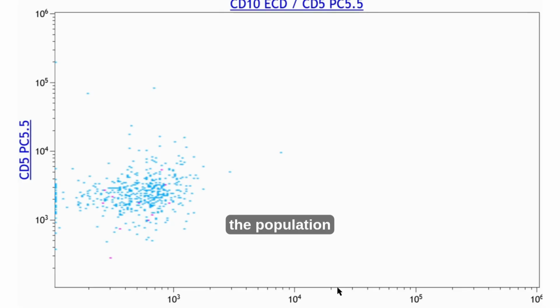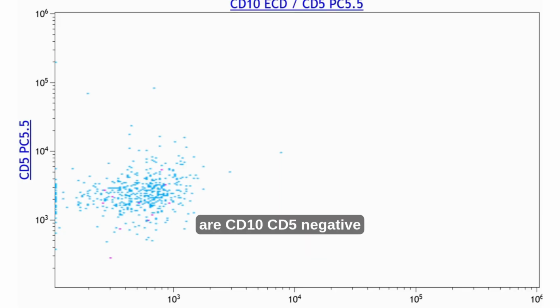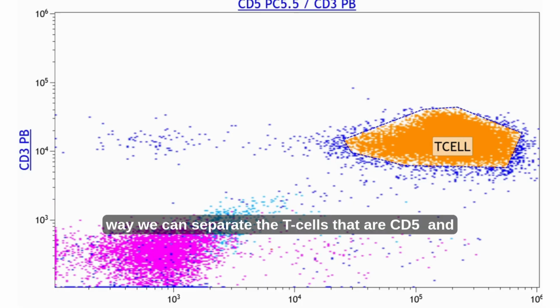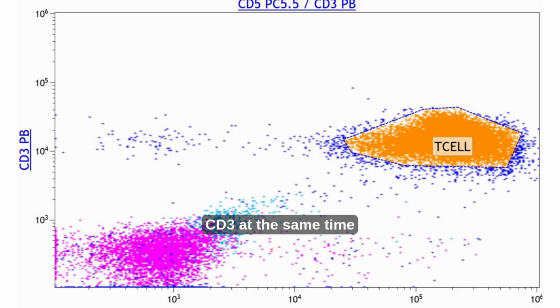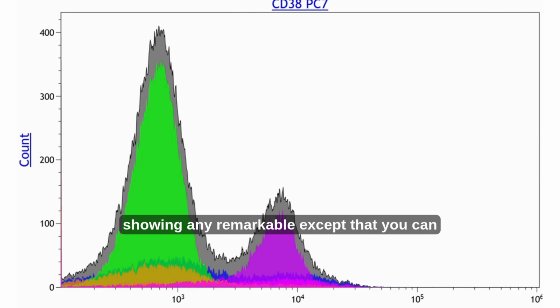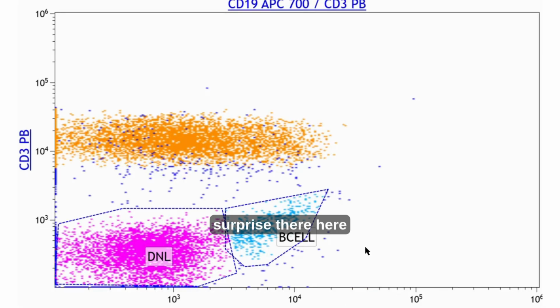The population of interest, meaning the atypical lymphocytes, are CD10 and CD5 negative. This way we can separate the T cells that are CD5 and CD3 at the same time. CD38 is not showing anything remarkable, except that you can see certain positivity, as expected, mostly in the monocytes, but there's no other surprise there.